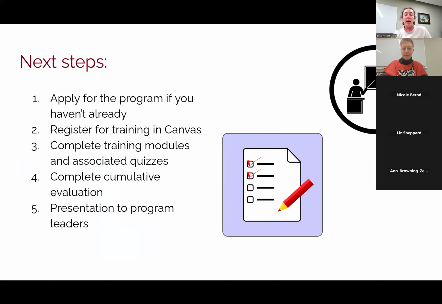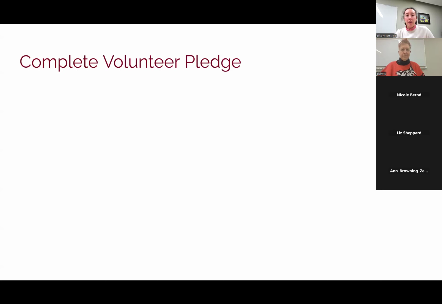After you apply, we will send you the registration link for the training in Canvas, where all of the training modules and associated quizzes are. The next step is completing the cumulative evaluation, which covers all of the content we talked about today and last week, as well as what's included in the other training videos about the Pollinator Toolkit. Once you've passed your cumulative evaluation, we'll have you give your practice presentation to us, and then you are officially a Pollinator Ambassador.